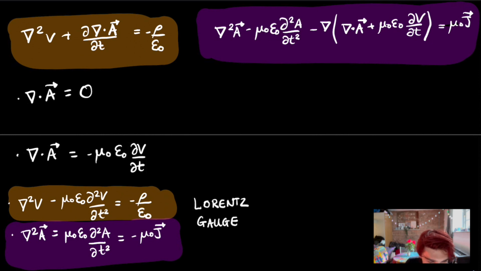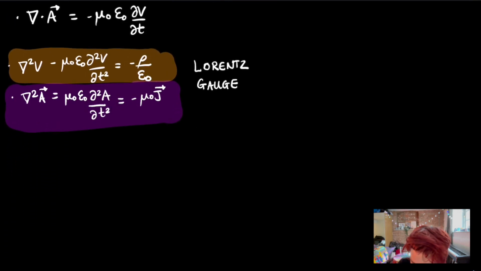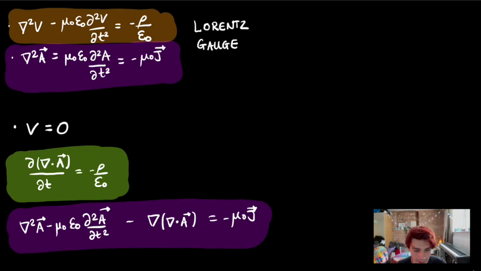And the final gauge, which I was going to mention, is called the Weyl gauge. And this one is quite an easy one. This one essentially says that the electric potential is equal to 0 right here. And so what are we going to get when the electric potential is equal to 0? We get these two equations right here.